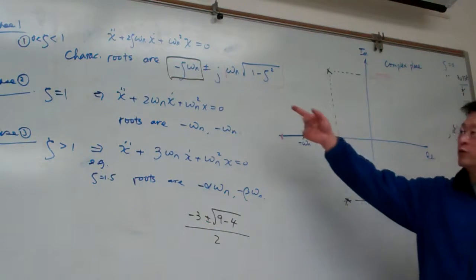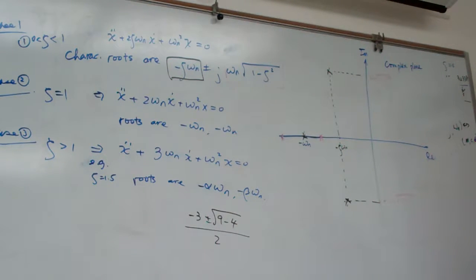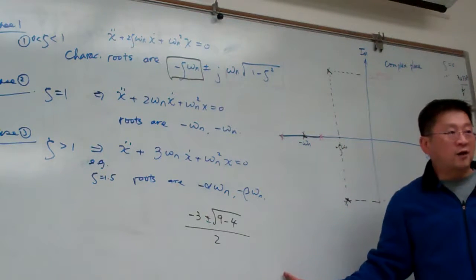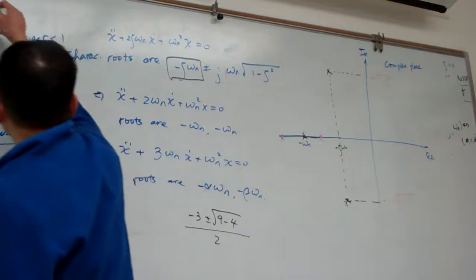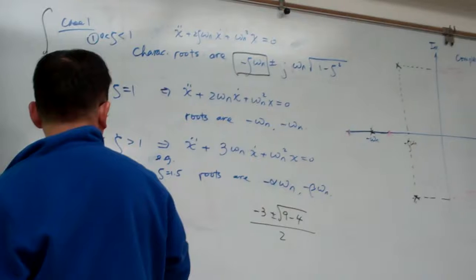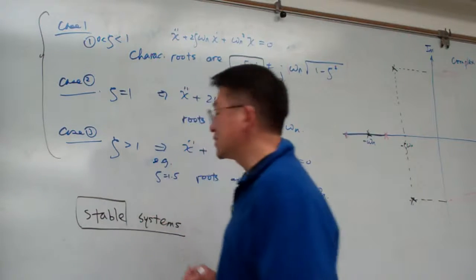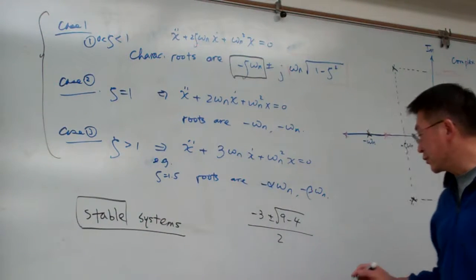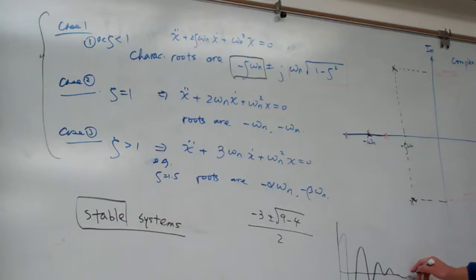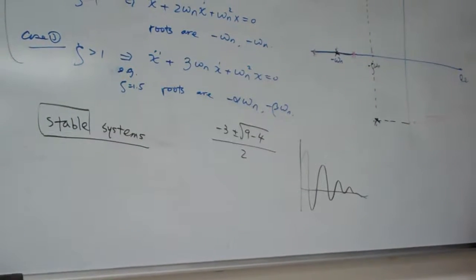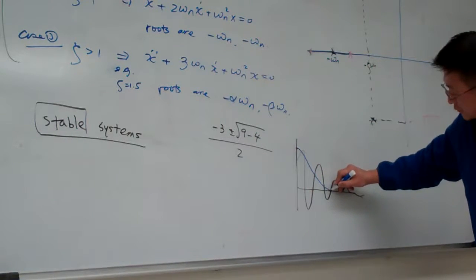As long as you are able to calculate the characteristic roots, you can always label them there. And all the systems here, we explain, are stable. We call it a stable system. What is a stable system? If you remember, for case 1, our response is something like this. It's going to decay to 0. And for case 2, our response is something like this, if you remember that curve.